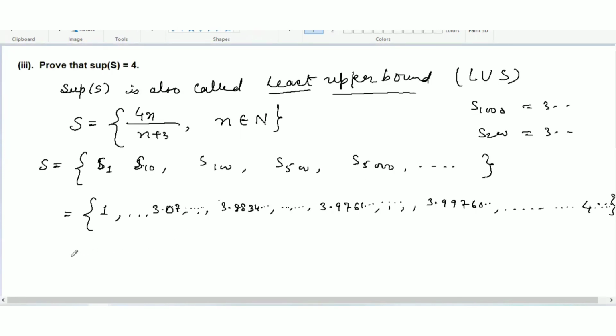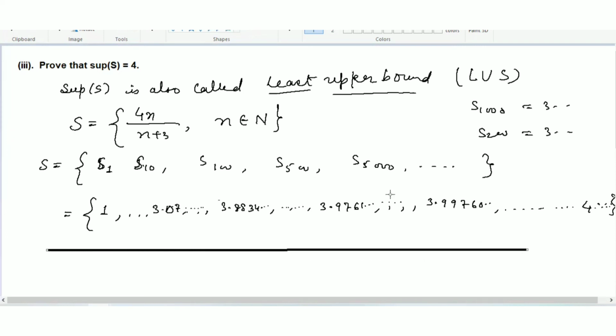Let's try to plot it on the number line. This is an element of S here.